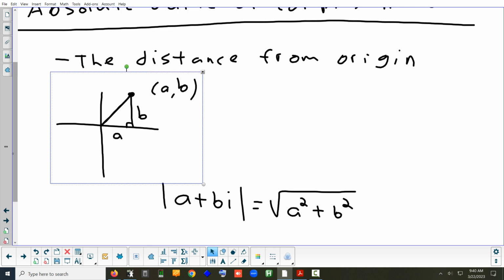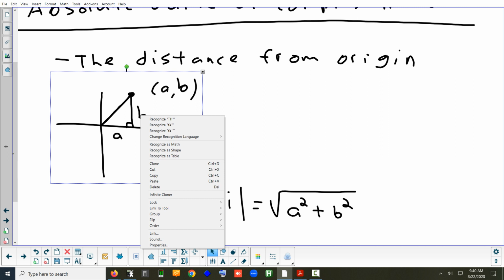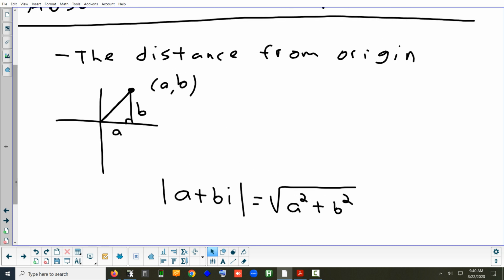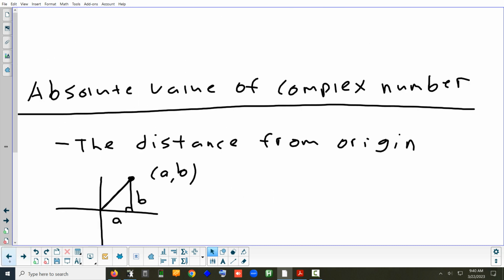Take the imaginary part, which is just the number in front of the i. Don't use the i itself. Just the real part, and the number in front of i. Square it, add them up and take the square root. And that'll give you the absolute value of a complex number. We'll try an example.